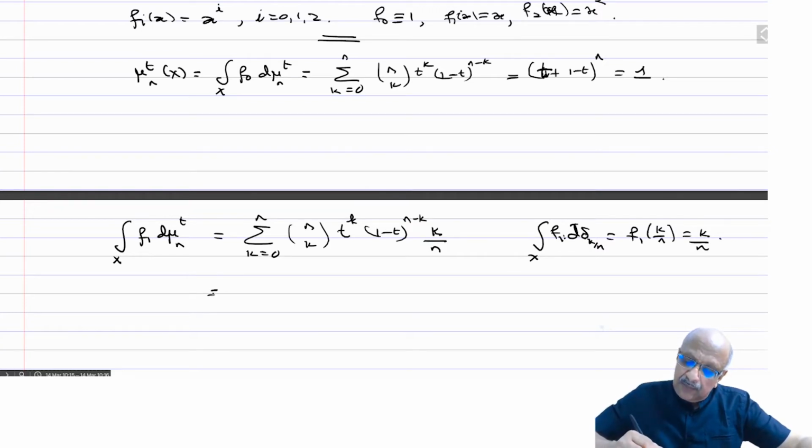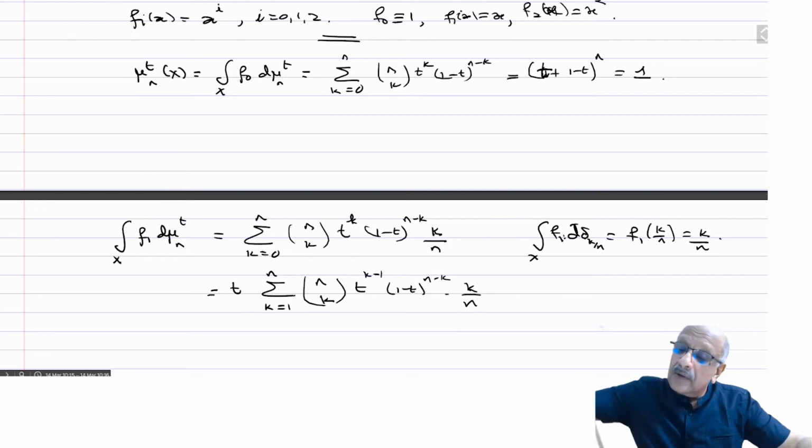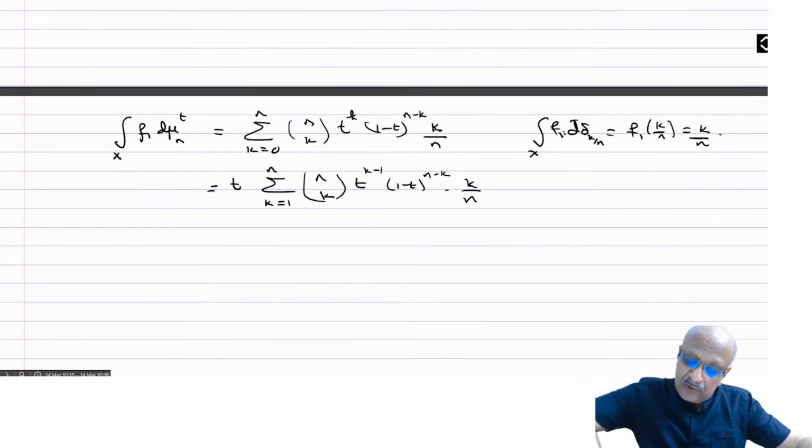So now let me pull out the t. The k equals 0 term will cease to exist because of the k factor, it will give you 0. So I just write from k equals 1 to n nCk t power k minus 1, (1 minus t) power n minus k into k by n. Okay, so now we do some jugglery with this.